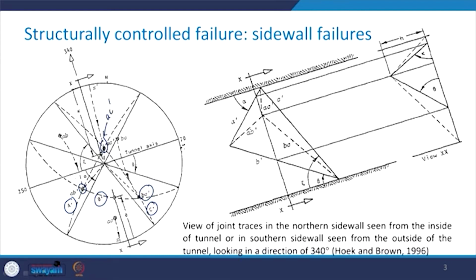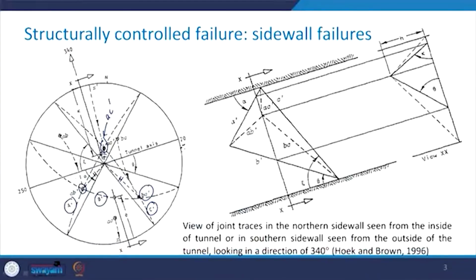Now, just join these points with the center and you will get this dotted line, this dotted line and this dotted line. So, the statement mentioned in the previous slide means that this line AC prime is parallel to the line BC prime, this is parallel to this, and AB prime is parallel to this line.